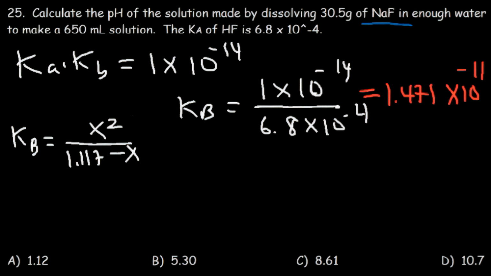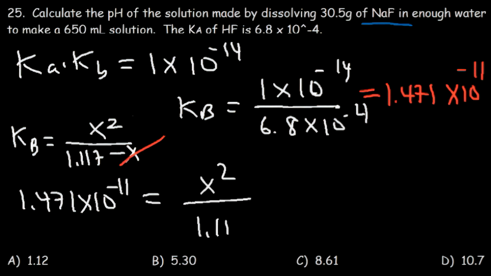10 to the negative 11 is very, very small. It's much smaller than 10 to the negative 5. So if we can neglect X when Ka was 10 to the negative 5, we can certainly ignore this X value if it's extremely small, like negative 11. So let's plug in Kb and let's solve for X. So let's put this over 1 and let's cross multiply.